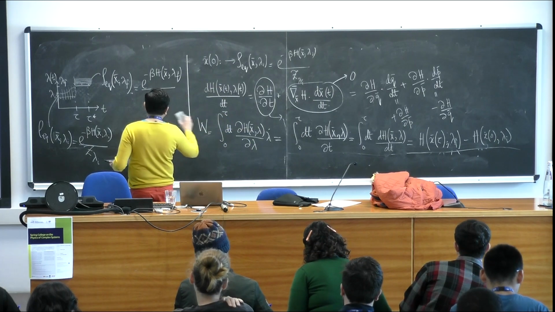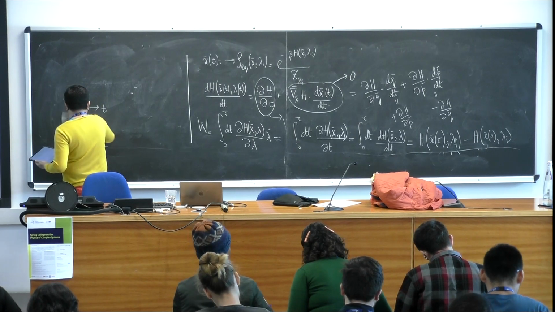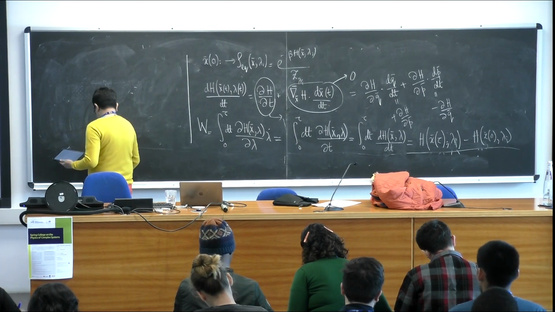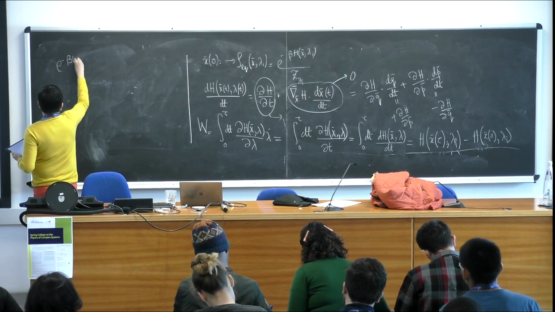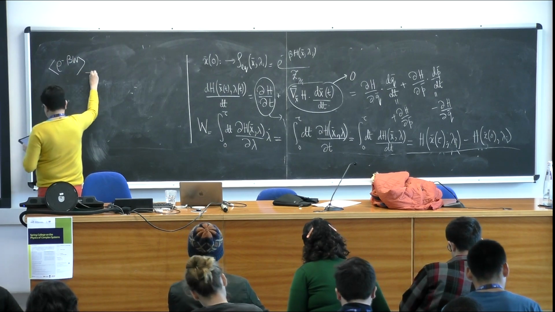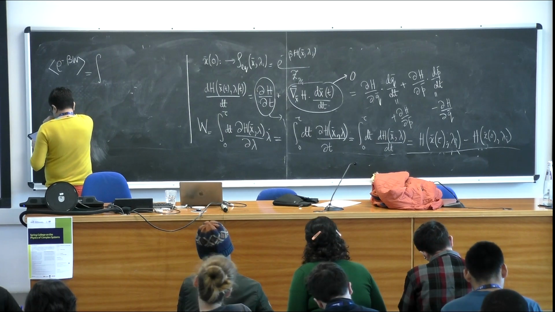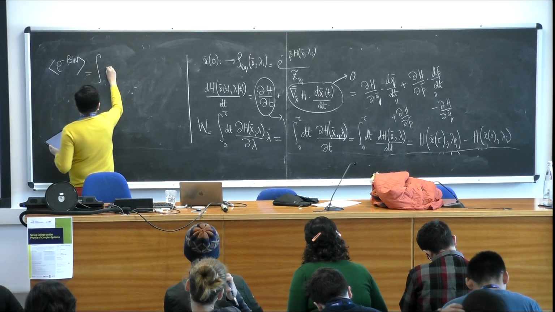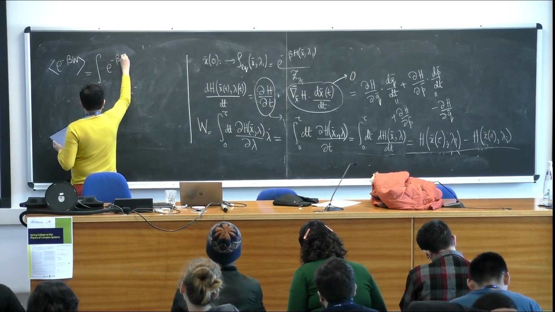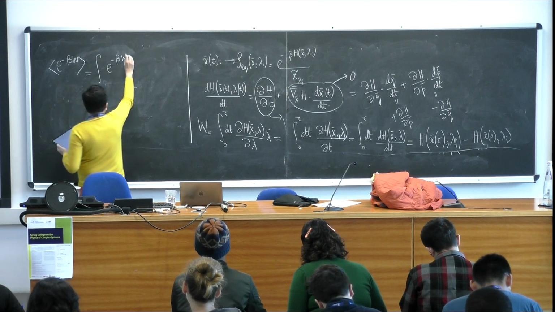So this is the definition of work. I just plug this into the Jarzynski, e to the minus beta W. Okay, so then what is e to the minus beta W? What is W, by the way?